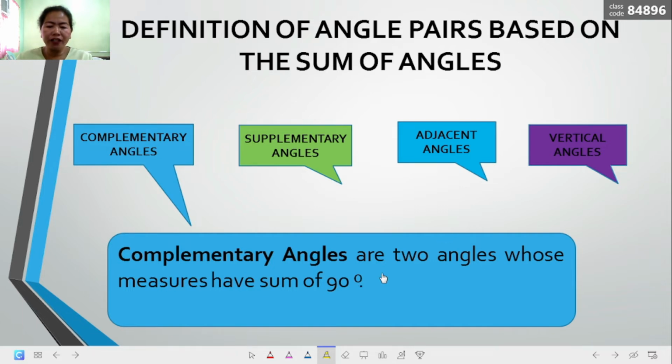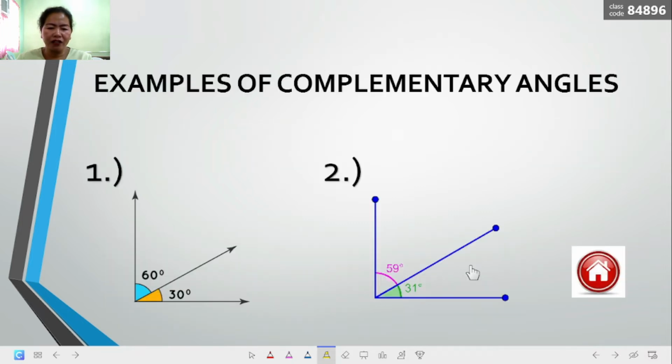Complementary angles are two angles whose measures have a sum of 90 degrees. In this illustration, I have here two examples of complementary angles. Based on the definition, complementary angles are angles whose measures have a sum of 90 degrees.